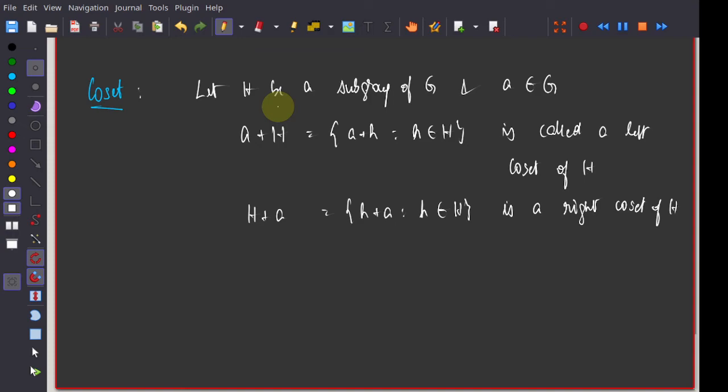Now when I add A to every single element of H, I get a different set. Is this new set, the coset, the same size as H? Is it bigger or is it smaller? Of course, it can't be any bigger, because after all I'm getting every element by adding some element to every single element, but potentially it could be smaller, right?